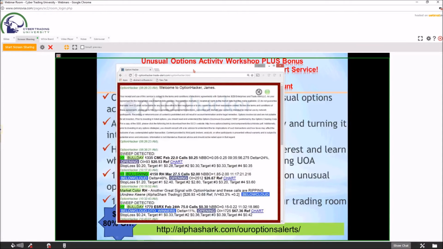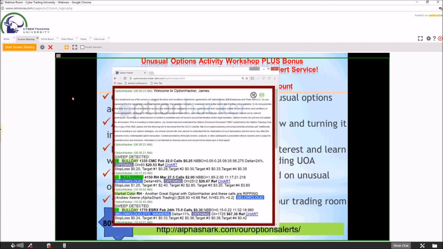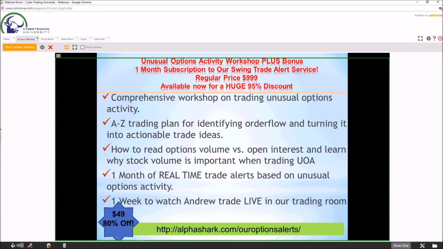The stock ripped after they bought these, and then lo and behold, at noon, right around lunchtime on Fast Money, they were highlighting these Restoration Hardware calls. So we happen to catch it a little bit quicker than they do sometimes, but it is a somewhat similar approach.